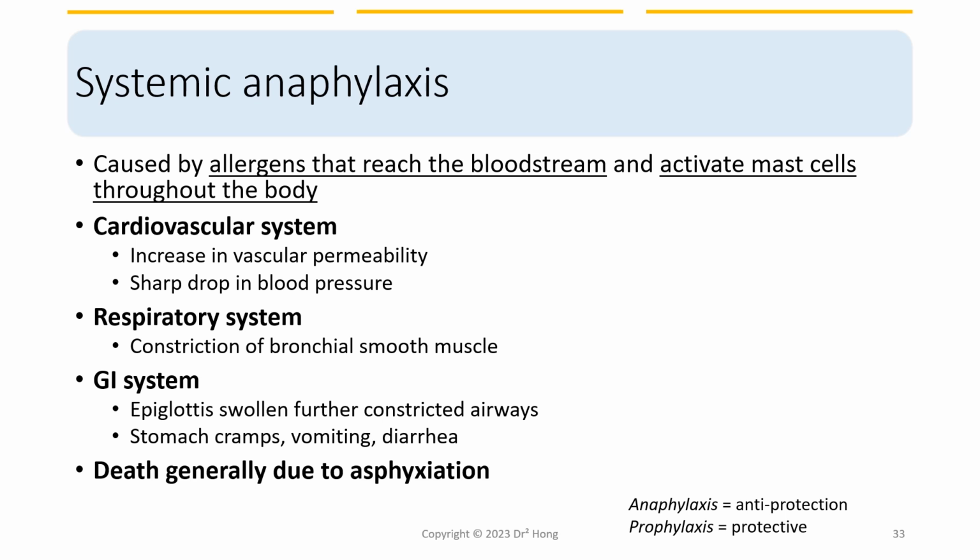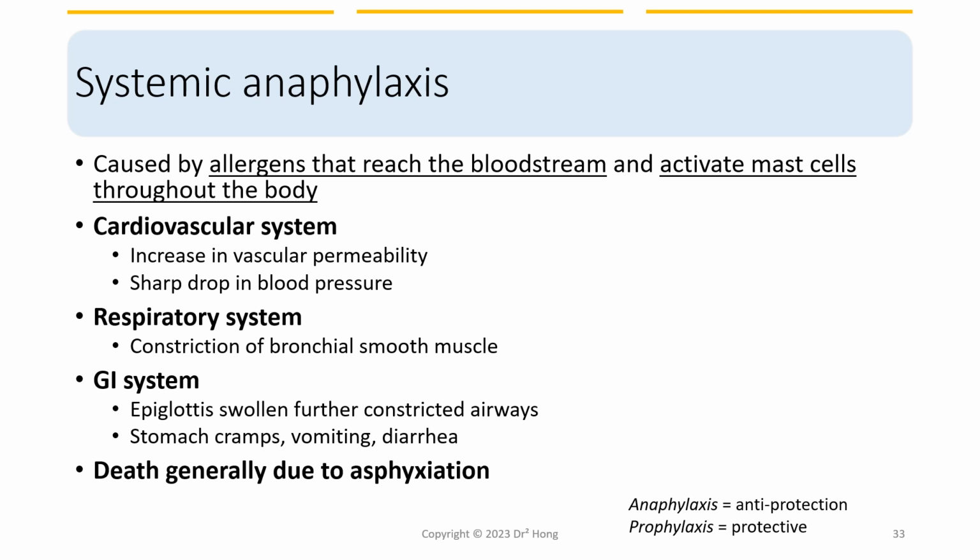It can also be caused by some drug injections as well. It will cause widespread activation of mast cells, and you can imagine that the reactions or symptoms will spread out into different major systems.